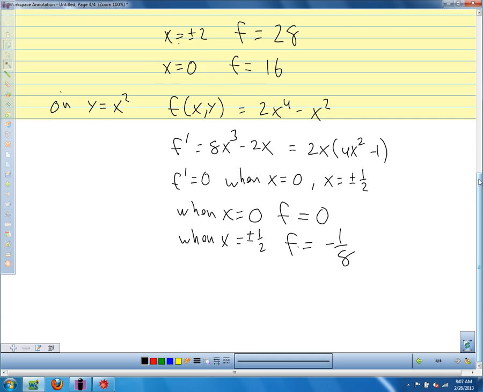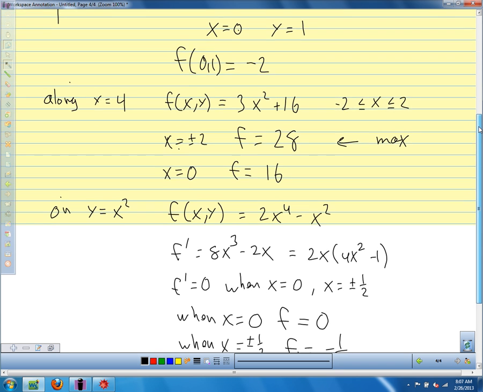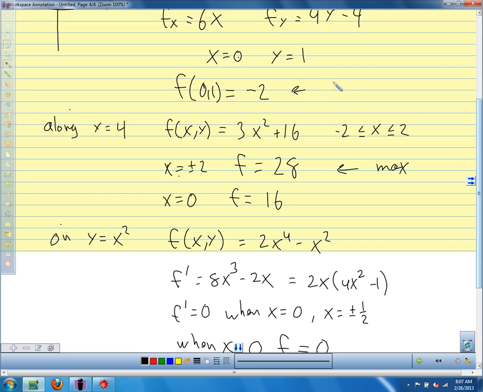So my maximum is at 28. When f is 28, that's my maximum. And my minimum is -2.